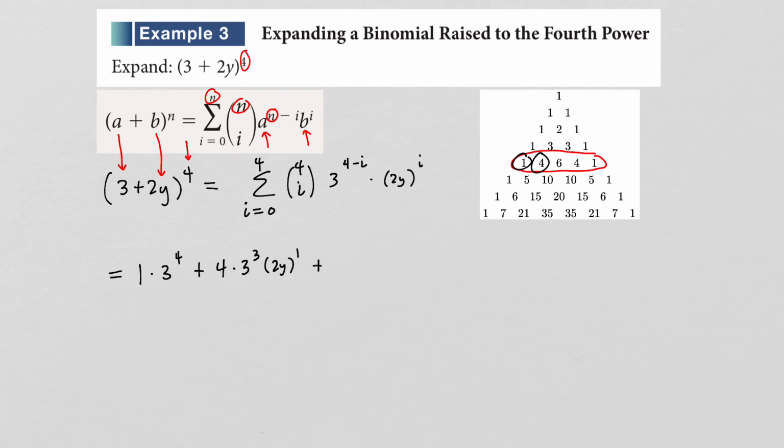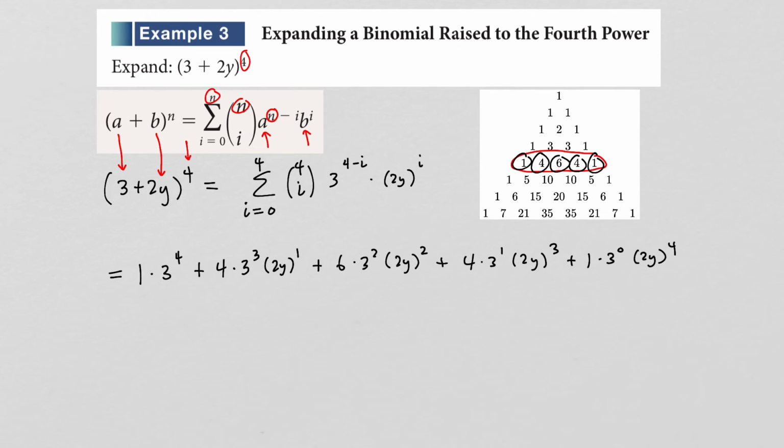So the next one's going to be 6 times 3 to the second power times 2y to the second power, and then 4 times 3 to the first power times 2y to the third power, and finally 1 times 3 to the 0 power times 2y to the fourth power.